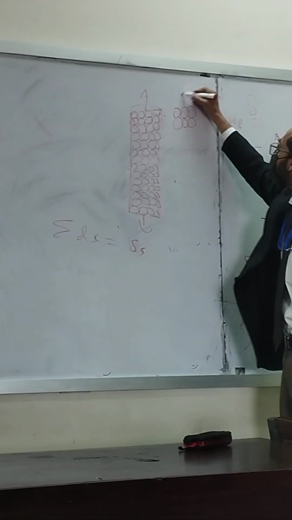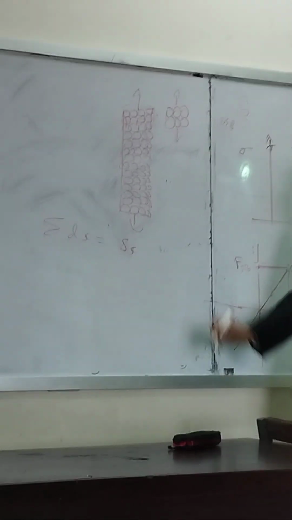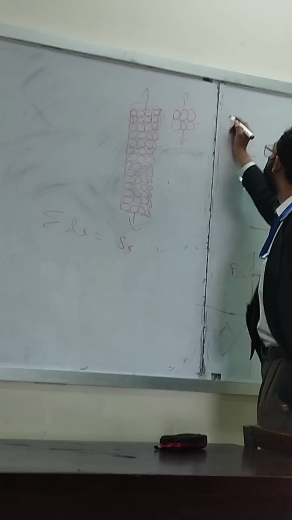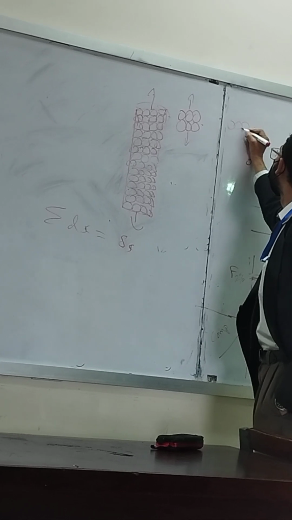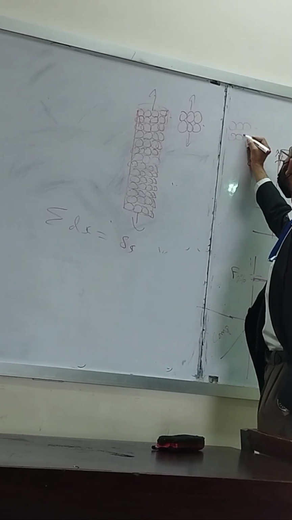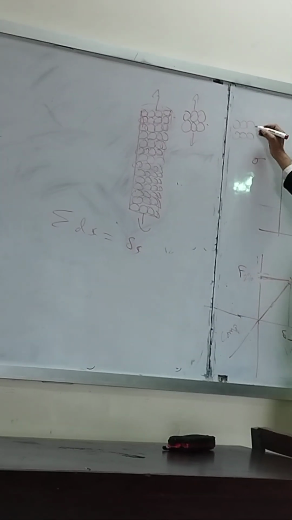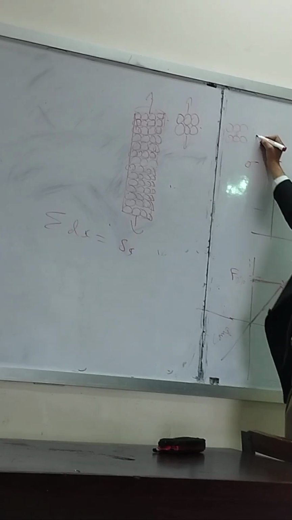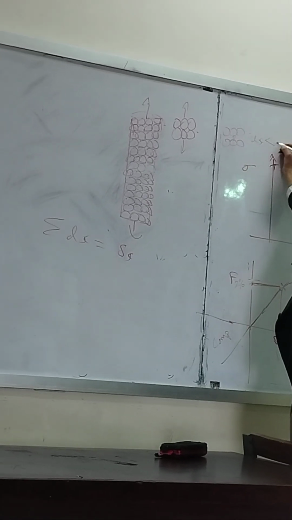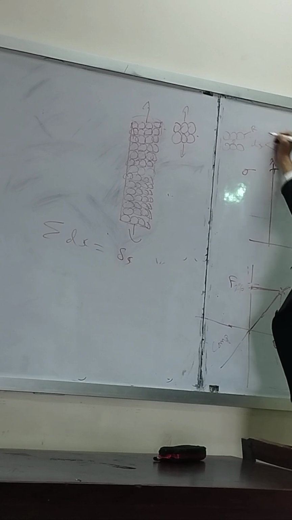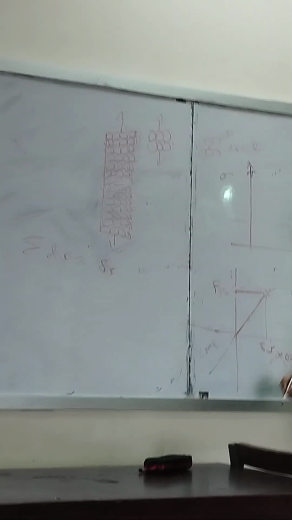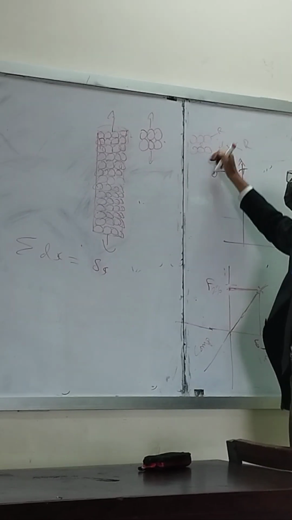Initially I have these two. I apply a certain amount of force. What is going to happen? They are going to move apart. Still, this distance dx is less than r. I continue to increase the force.